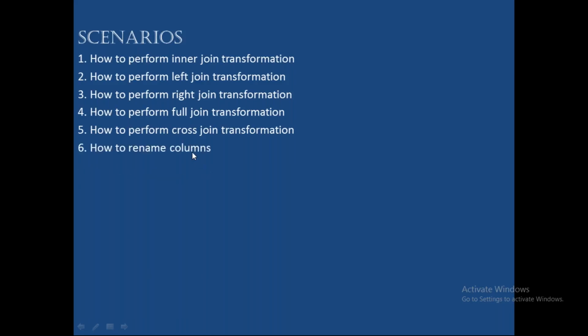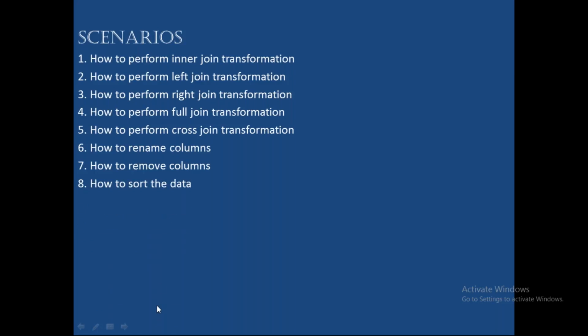Okay, next, how to rename columns. In today's session we are going to see, if I want to rename some columns, how you can do that. Then how to remove columns. I'm getting some columns, I don't want to process them, I want to remove them, how you can remove these columns. Then we are going to talk about how to sort the data.